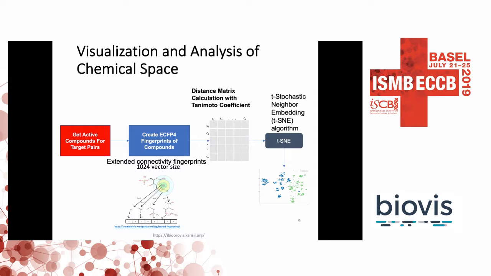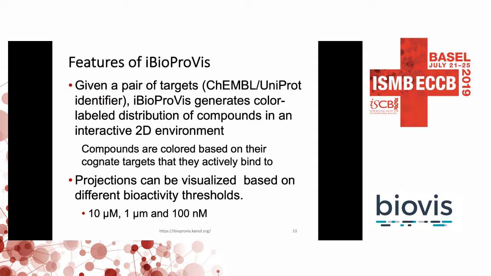For example, here we have 2 target proteins and many compounds targeting those 2 proteins. So what we do, given a pair of targets, is generate 2D projections of those compounds, and it is in an interactive environment.